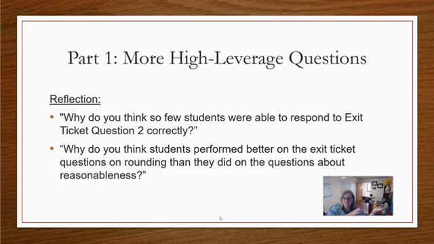You know, the TEKS sometimes have simple TEKS and complex TEKS. And so why did they do better on the skill rounding than they did on this really difficult concept of reasonableness? So what I would be hoping there is that the teacher would start to understand that it's important to understand the rigor of a concept and to devote more time and attention to the more rigorous concepts.